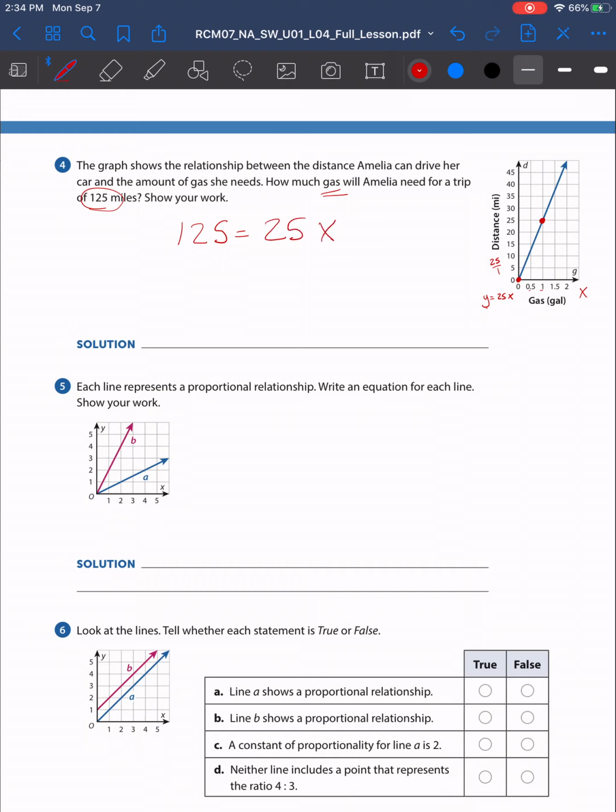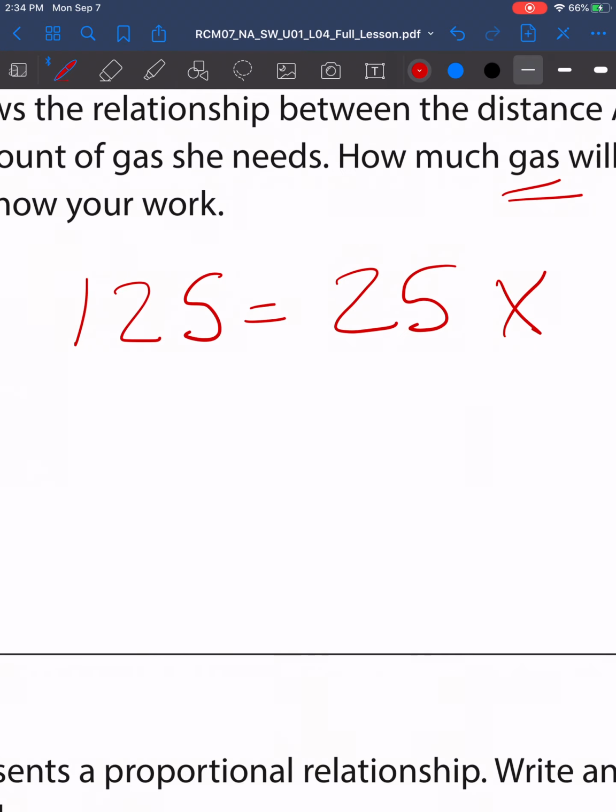So what I need to do is solve for x. How do I get x all by itself? Well, I have to do the opposite of what's happening right now to x. Right now, it's being multiplied by 25. What's the opposite of being multiplied by 25? Being divided by 25. If I divide the whole thing by 25, that's going to get rid of the 25, and that'll give me x all alone, which is what I want. But if I do it to one side, I have to do it to the other, okay?